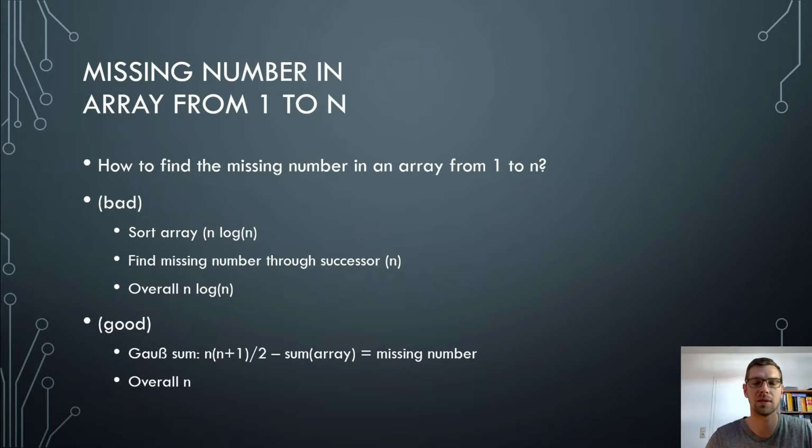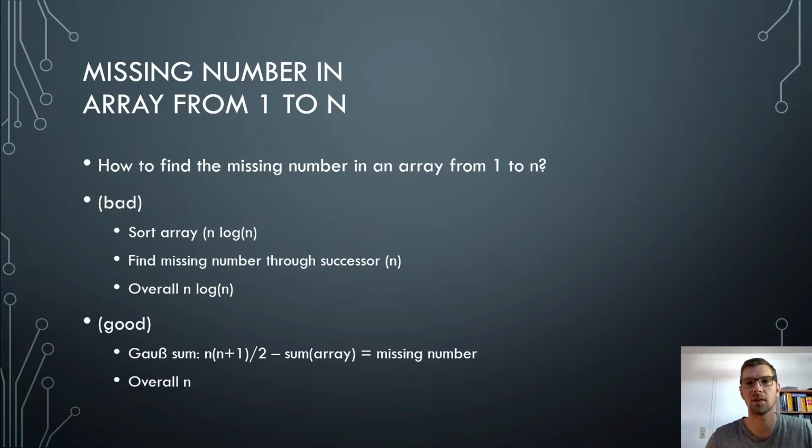Well, the better solution is that we use the Gaussian Sum Equation, which calculates the sum of numbers from 1 to n. And that is n times n plus 1 divided by 2. And then we can compute the sum of our actual array.